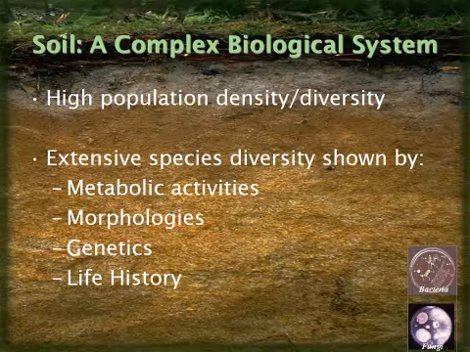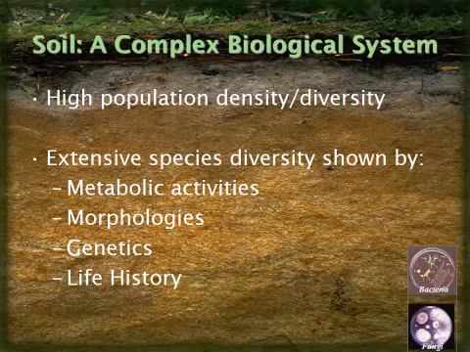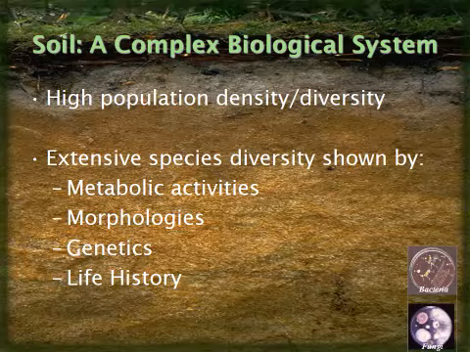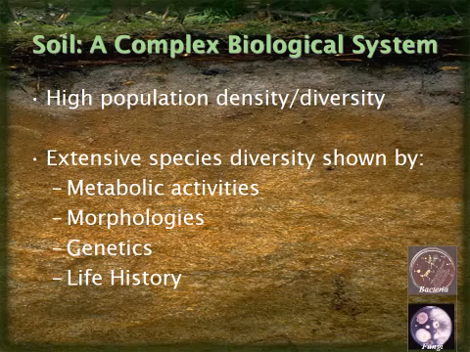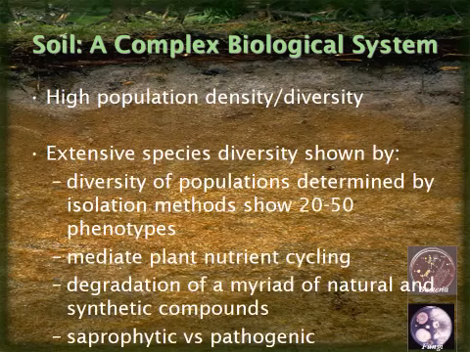Okay, we might have bugs that last several months, where a fungi or a bacteria, depending on how it lives, it could last quite a long time, or maybe it's only very shortly lived. So all these things are considerations and show us really the complexity and the diversity of the different species of soil.